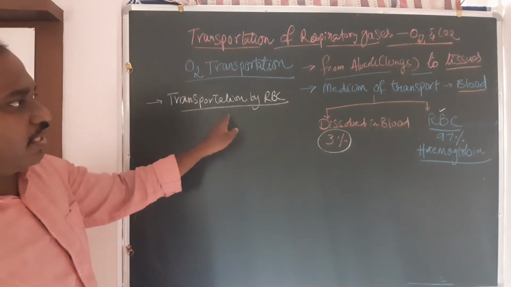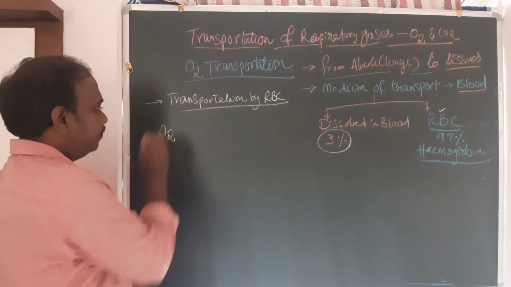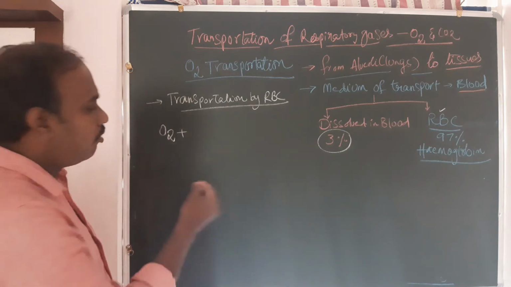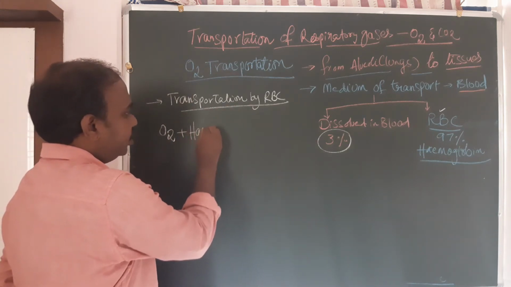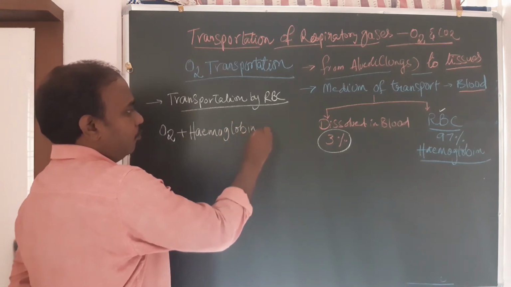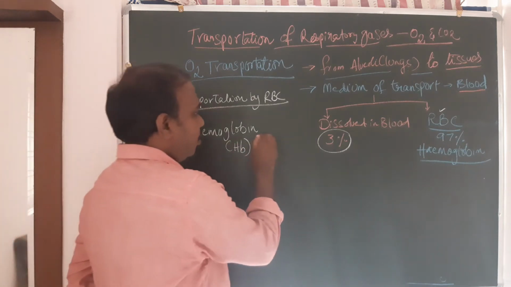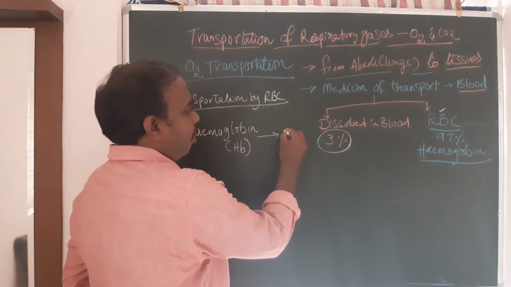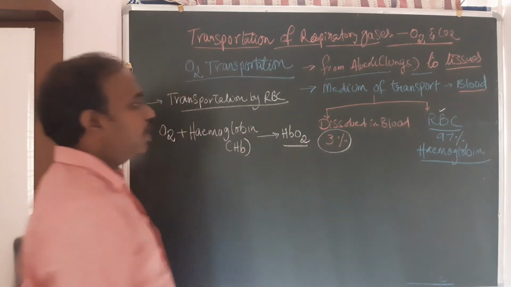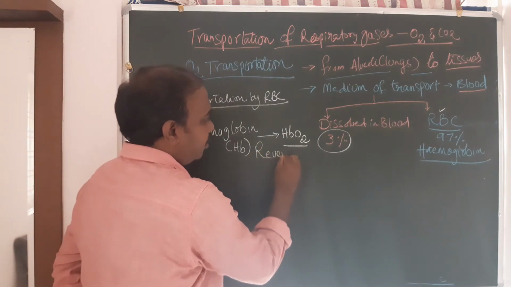In the red blood cells we have hemoglobin, and oxygen gets attached to the hemoglobin. Hemoglobin is simply indicated as Hb, and what we get is oxyhemoglobin, HbO2, and this one is attached in a reversible manner.